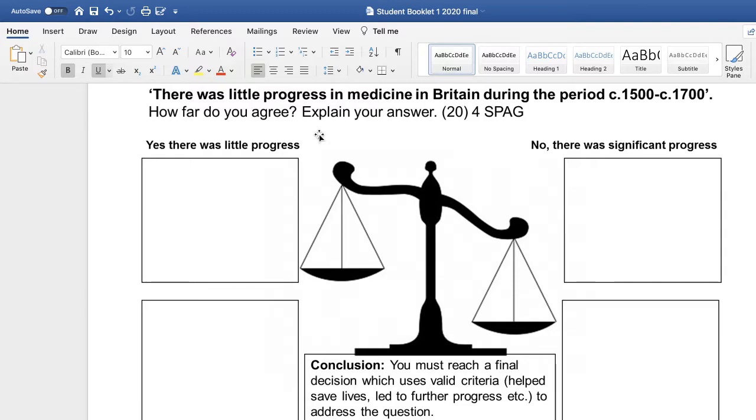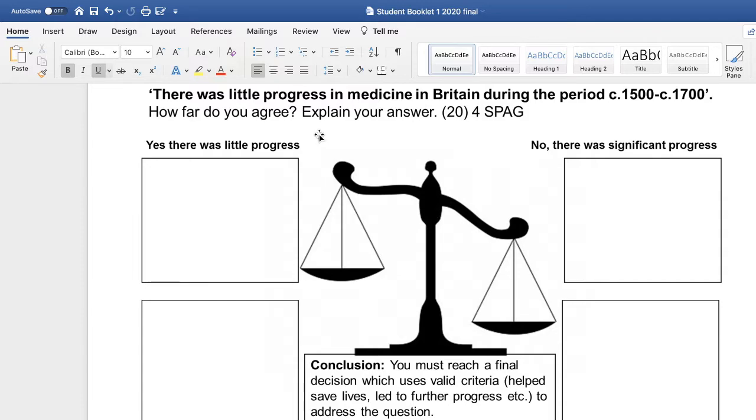The Great Plague shows that actually not a lot of people still understood, because people were still relying on the idea of God to heal and not using medical backing for that. So for me, I might say, actually, I'm at 70% here. I think that there was a significant amount of progress, but not completely, not at 100%.